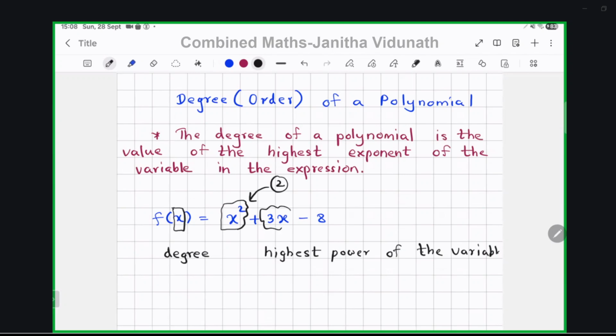In the second term, we already know x means x to the power 1, so the power of the variable of the term is 1.